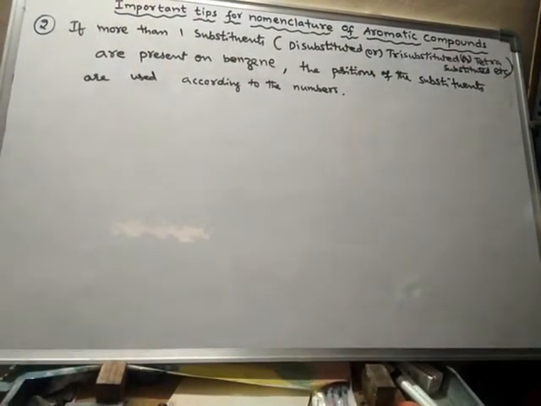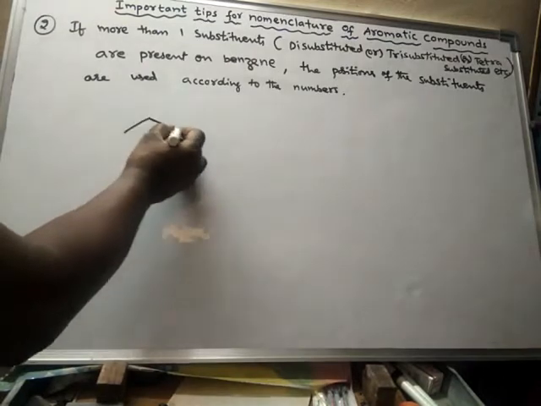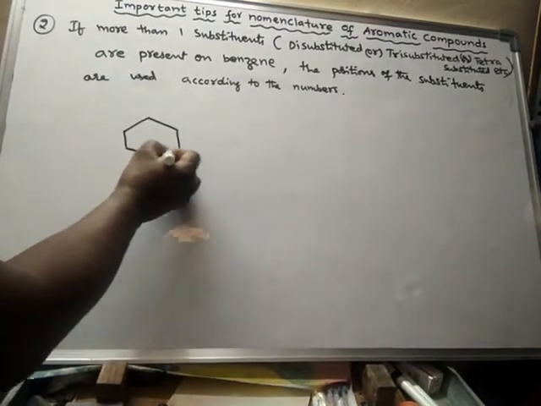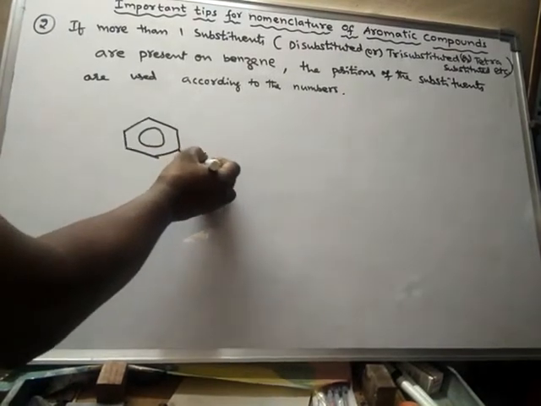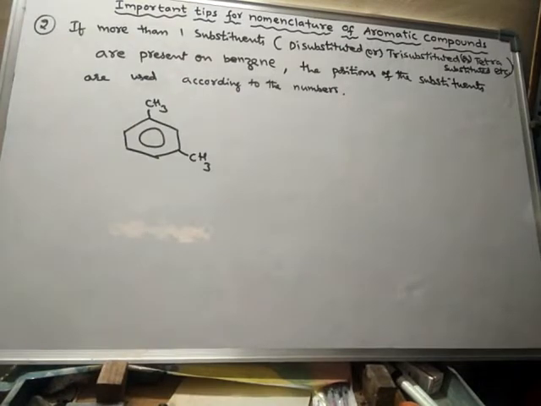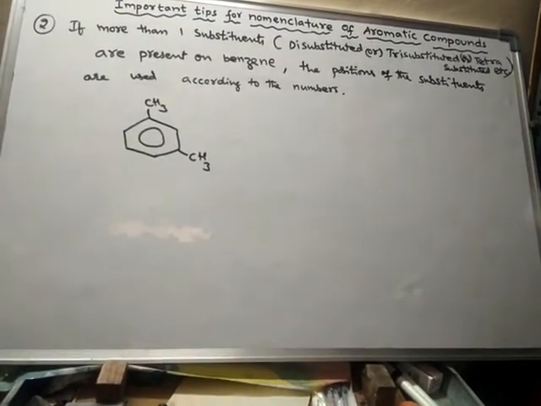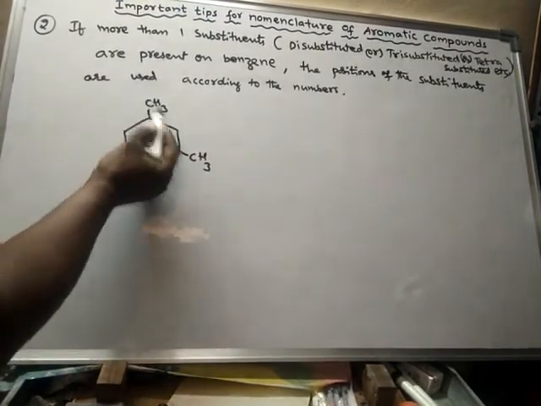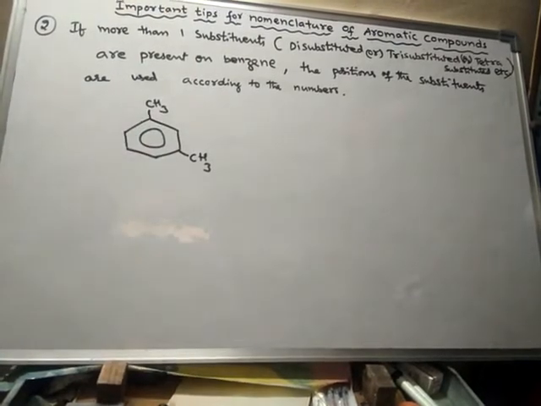For example, suppose this is a compound, a benzene ring, on which two methyl groups are arranged. So how to write the name of this compound? Here it is a disubstituted benzene, and similar substituents are present.